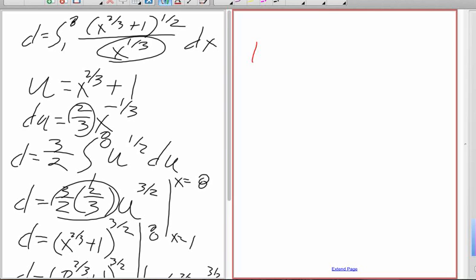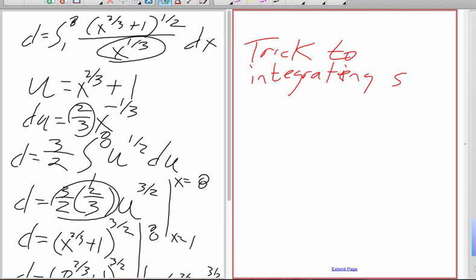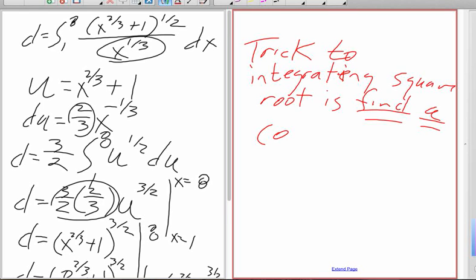The trick to integrating the square root is find a common denominator.